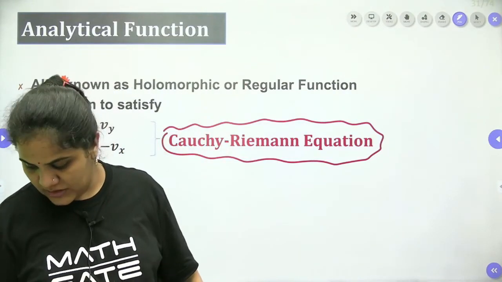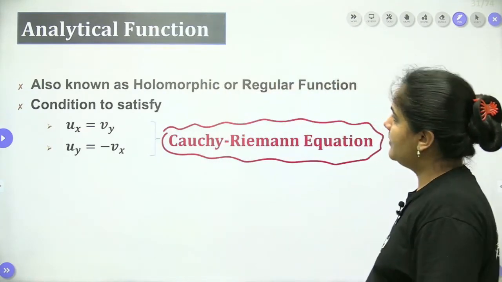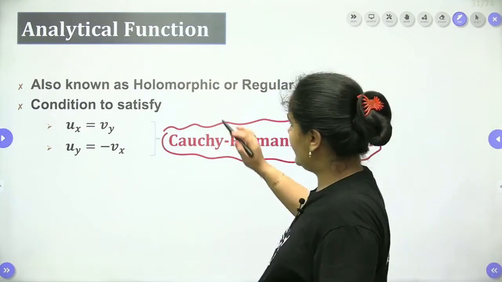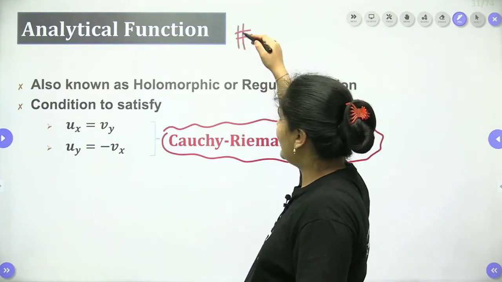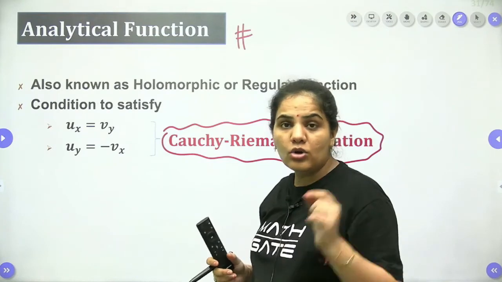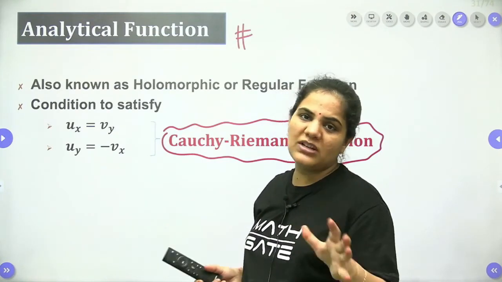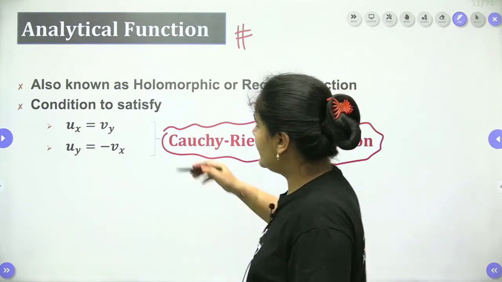When we approach the Cauchy-Riemann equation, I will tell you the Cauchy-Riemann equation. The analytical function means any function is said to be an analytical or holomorphic function if for that function the Cauchy-Riemann equation is satisfied, right?